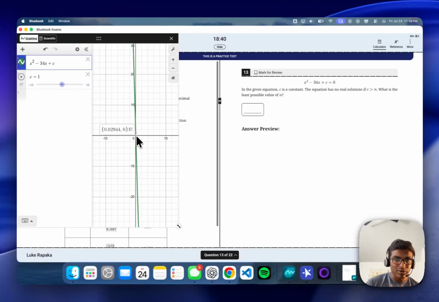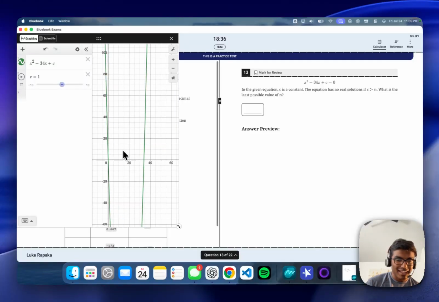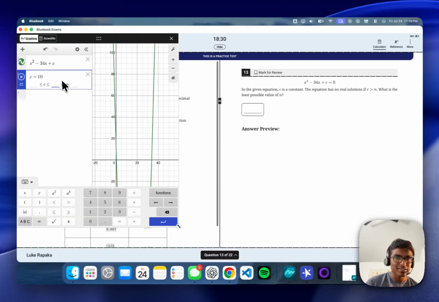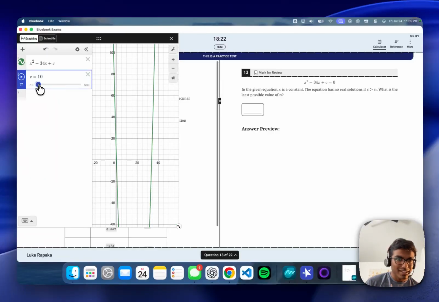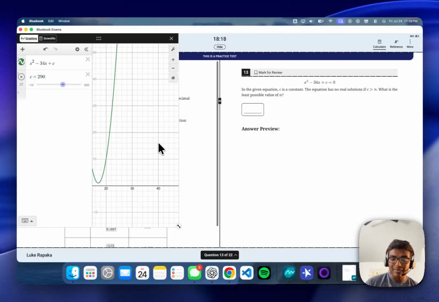So we have this quadratic, right? And we just need to find if it doesn't have a solution, that just means it doesn't hit the x-intercept. So let's put this at like 500, right? If I just drag the slider, eventually it's not going to touch. And that means it has no solutions.